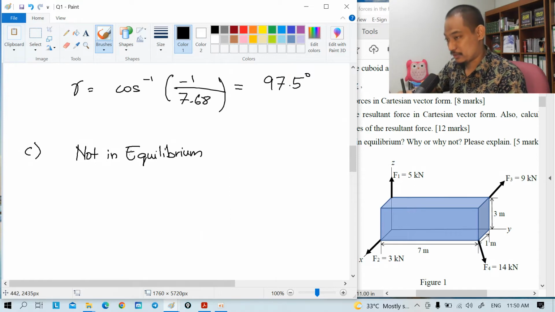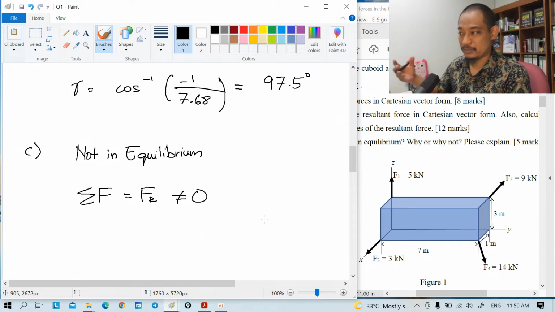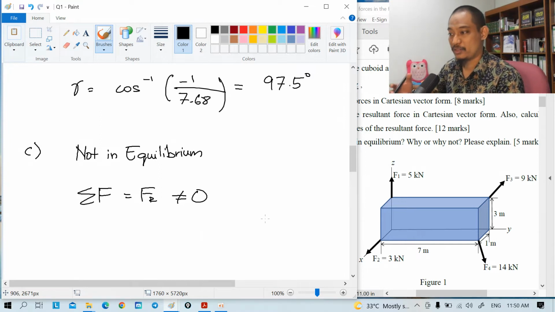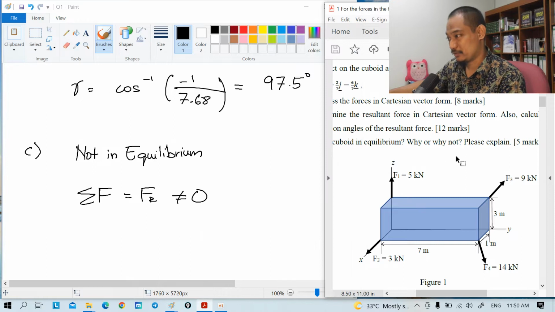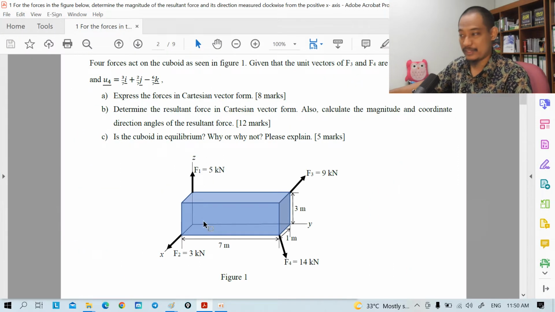Why? Because the summation of forces, FR, is not 0. For equilibrium the resultant force must be equal to 0. In this case, when we add up the four forces, you get some value.